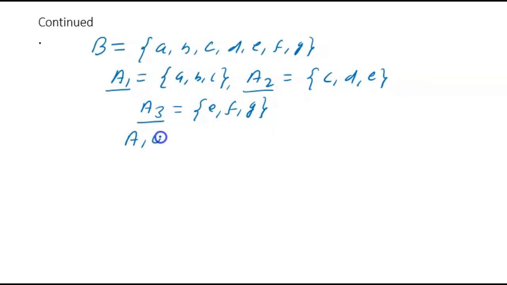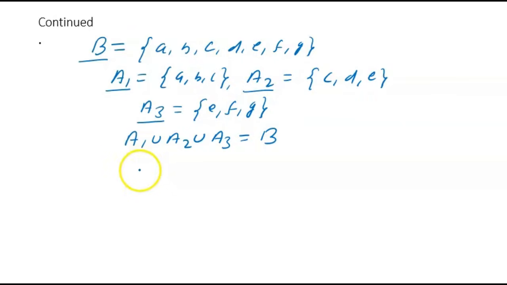Second requirement, that if I take the union of A1, A2, A3, that should be the whole set, which is B in this case. So that is also correct, because A, B and C are there, C is there, and D, E, F, G are all there.